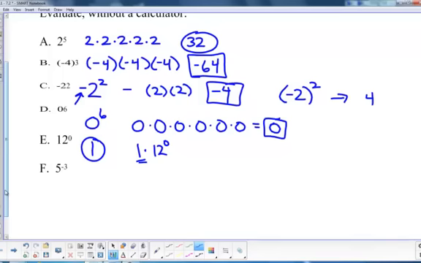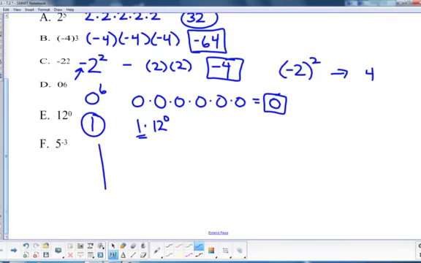5 to the -3. Now this is a little weird. If you think about a table, 5 to the 0 is 1. 5 to the 1 is 5. 5 to the 2 is 25. 5 to the 3 is 125. Now if you go backwards, going forward, you're multiplying by 5. So going backwards, you would divide by 5.